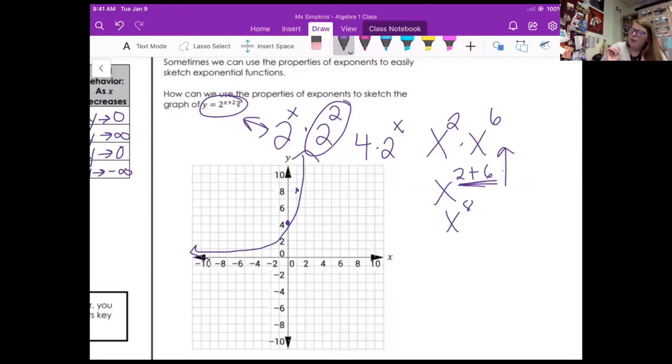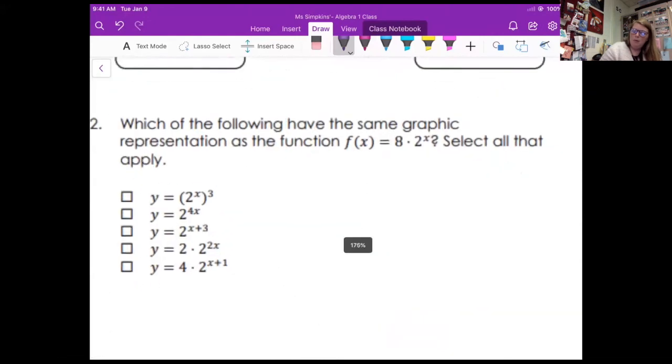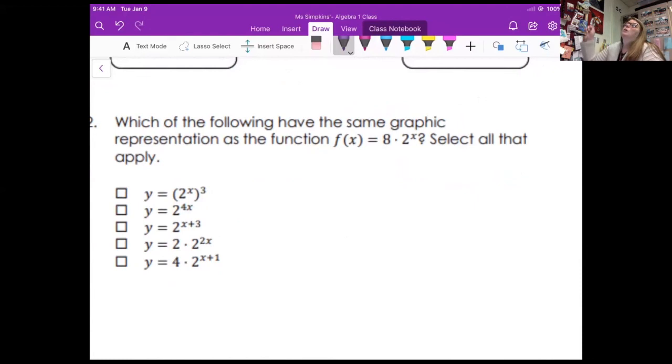All right, and then we're going to look at the very last problem on the beat the test. So if you want to flip over there, and then we'll be done for now. So similar type of problem, we're trying to match each one, at least 2 of those, with 8 times 2 to the x. Now, let me tell you one thing that's going to make me want to throw this pen at your face.